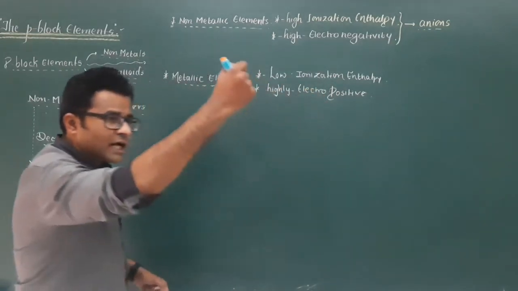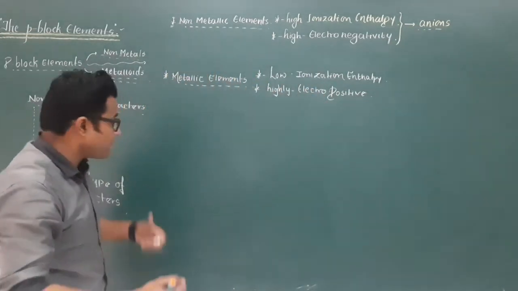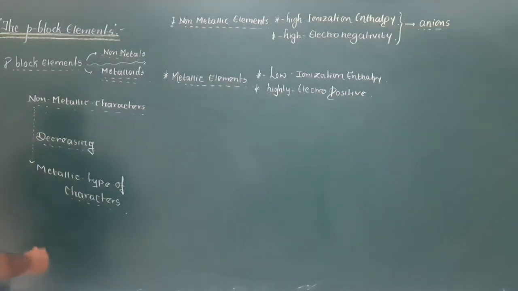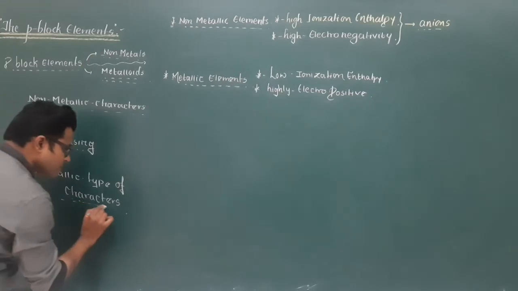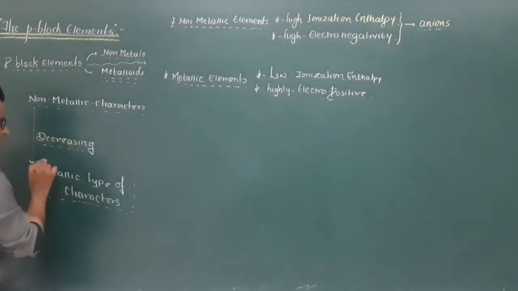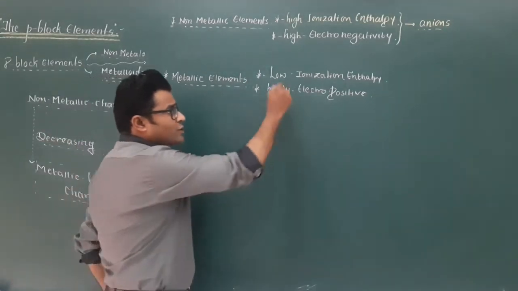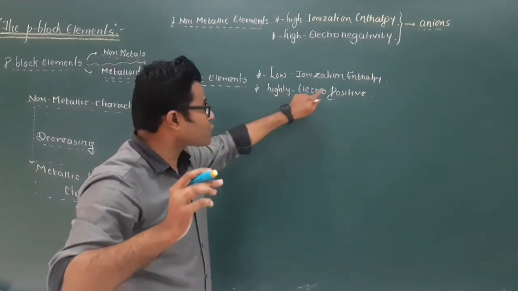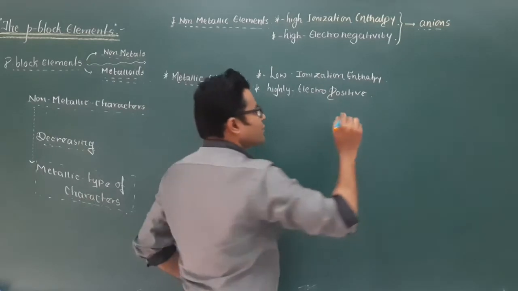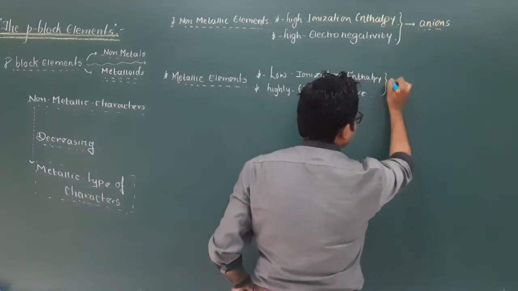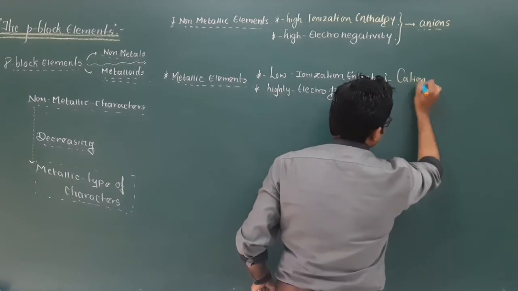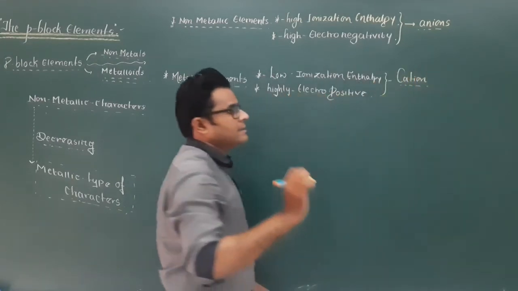While the elements just below them, as the metallic character goes on increasing, show low ionization enthalpy and higher electropositive nature, due to which they have a tendency to form positively charged species, which we call cations.